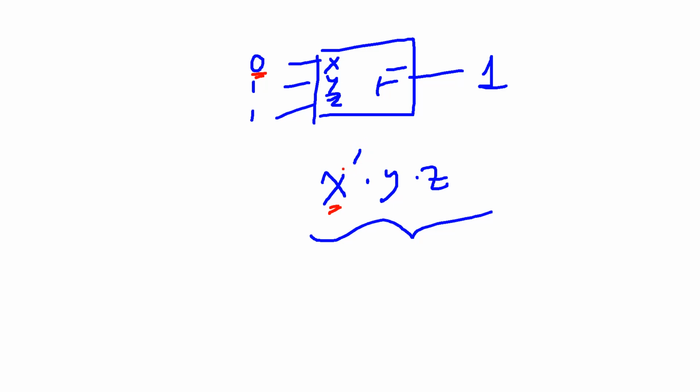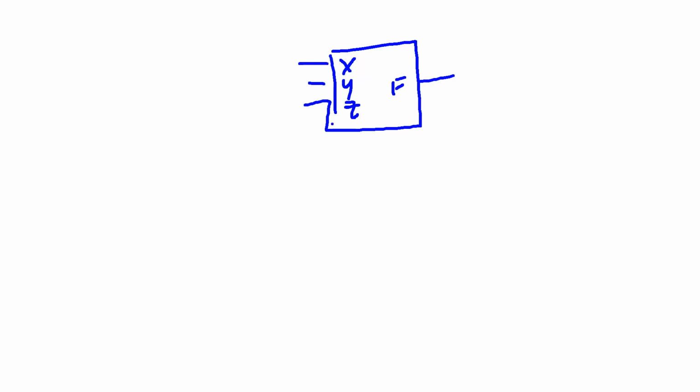Okay, now let's consider this example. X, Y, Z, F. If the function, or the expression, is X and Y, for example. If I want the function to be 1, of course, X must be 1, right? Y must be 1, right?